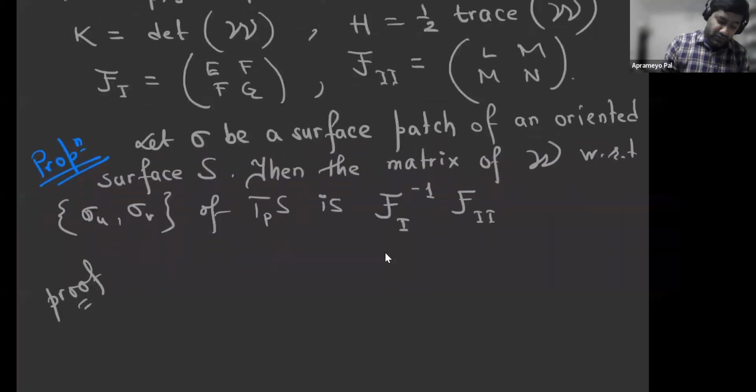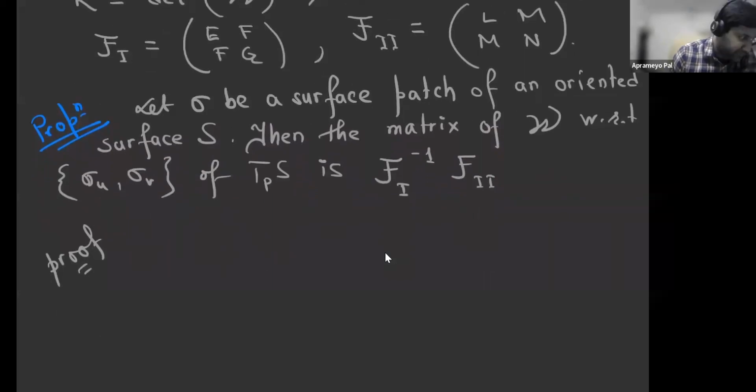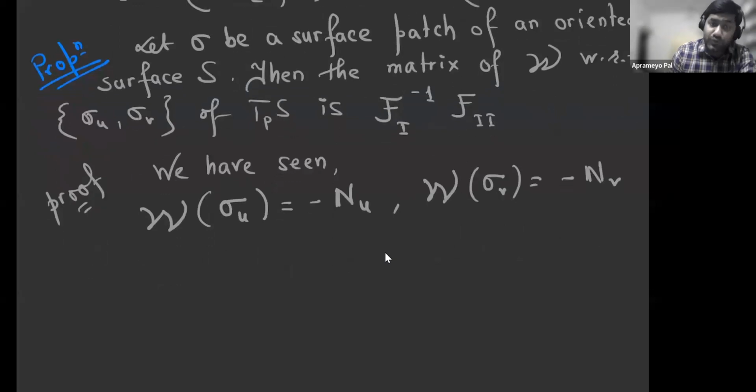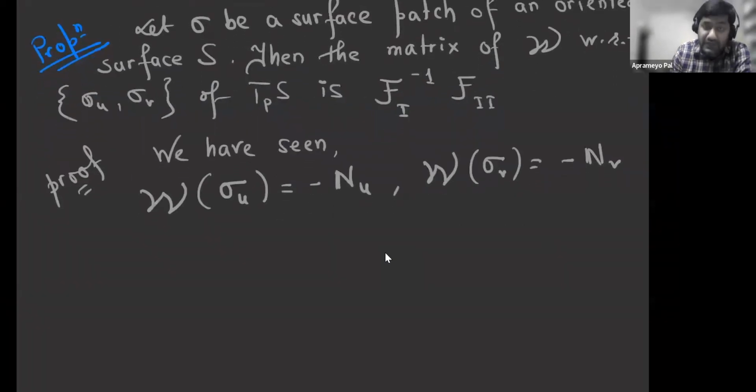Okay, so I am going to use this. We have seen that W of sigma u is minus Nu, and W of sigma v is minus Nv. This is the image of the basis in the TPS.